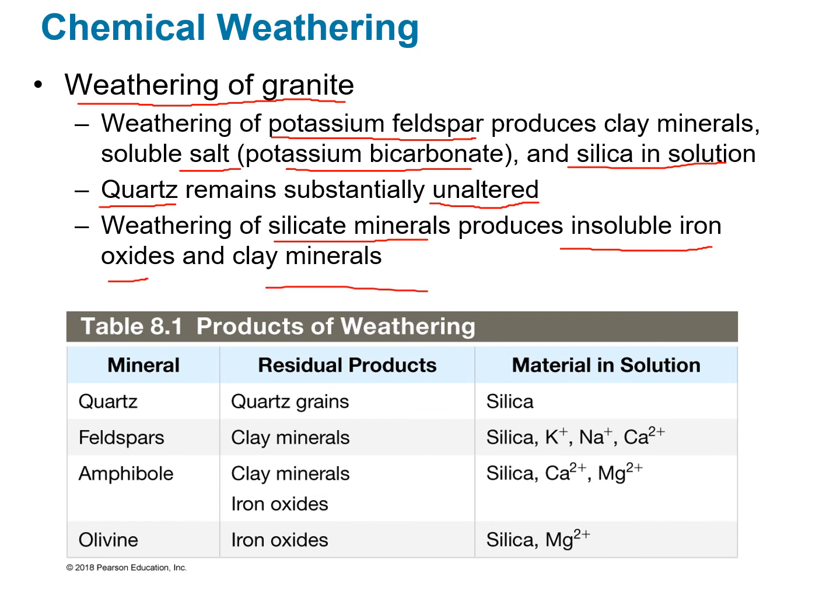So here's the breakdown. Quartz is really residual, it just becomes quartz grains. A little bit of silica releases into solution. Feldspars break down into clay minerals, plus material that goes into the groundwater system. And then amphibole and olivine, your more ferromagnesian minerals, will break down into clay and iron oxides. So a lot of oxidation is occurring.